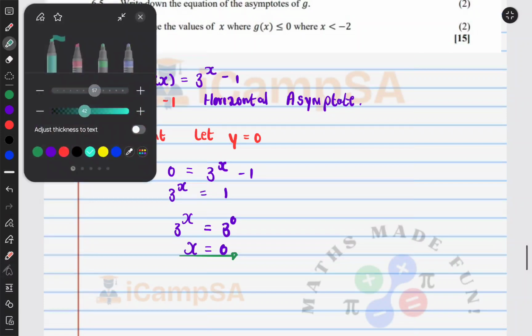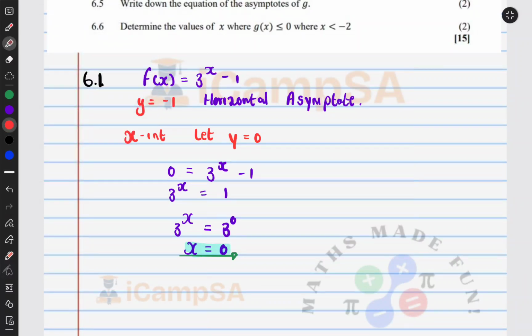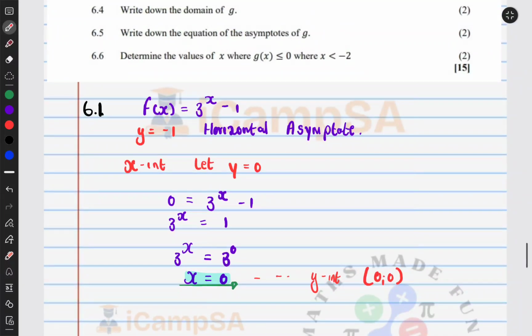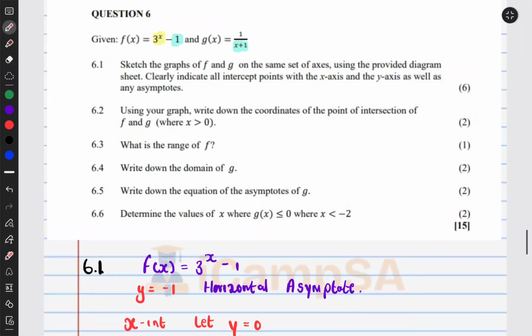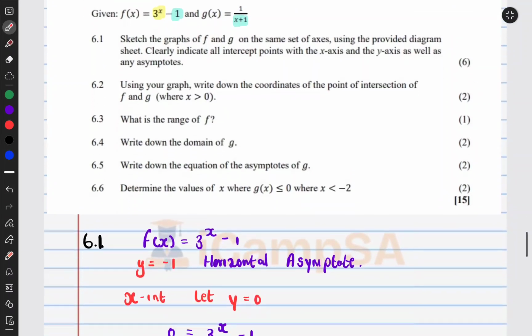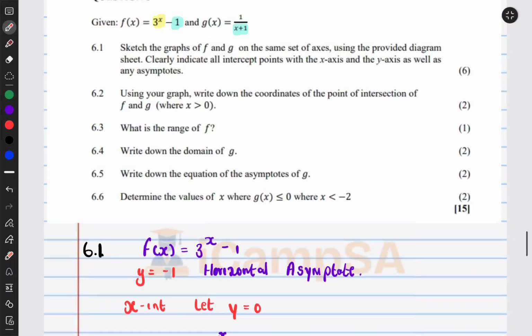So this is also the y-intercept. The y-intercept is at 0 and 0. So they both share the intercept. So this function cuts the x and the y-axis at the origin, basically, where x is 0 and y is 0. What else do we need for the exponential? Basically, we have everything at this point.